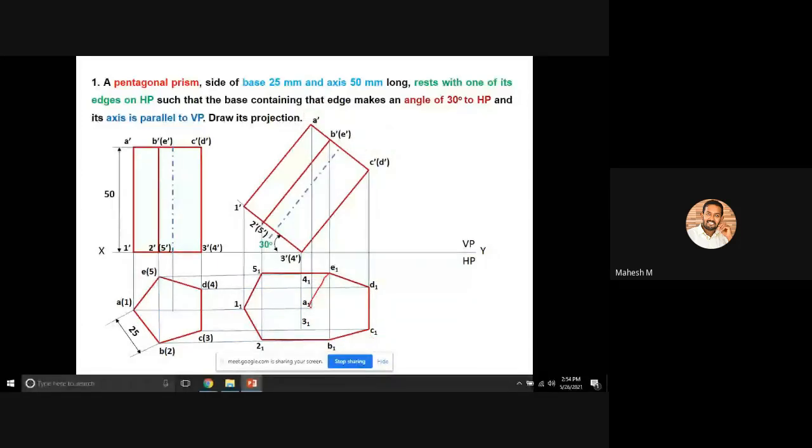While looking from the left to right direction, you can see this edge and this edge. These 3 edges can't be seen, so you have to mark these 3 edges with a hidden line.